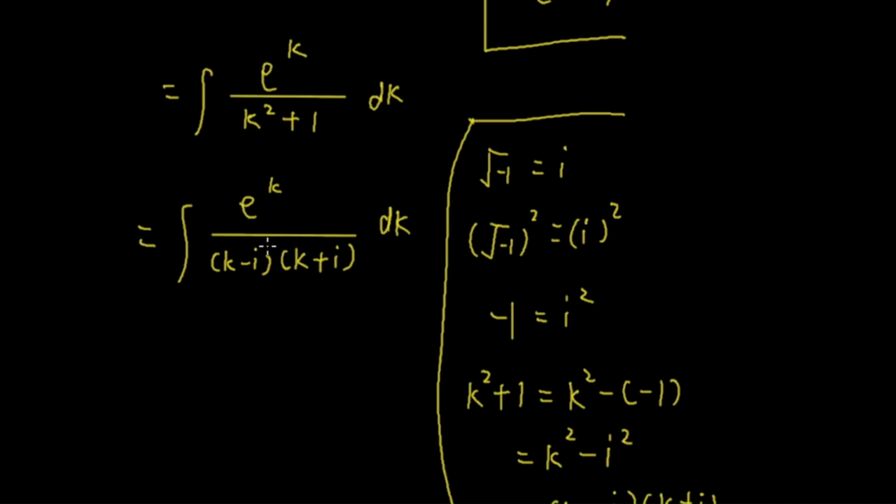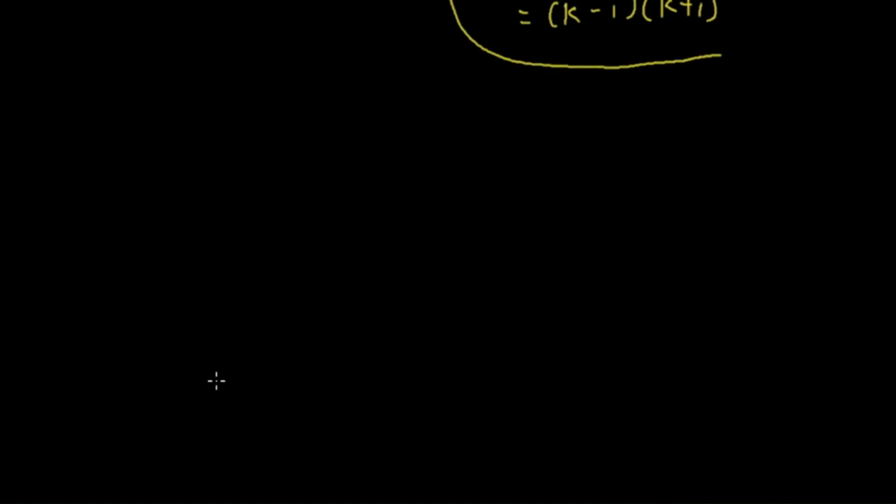So that we can decompose this denominator, then it will be easier, right? Okay, let's do this. 1 over k minus i times k plus i, okay? Let's try to decompose this.